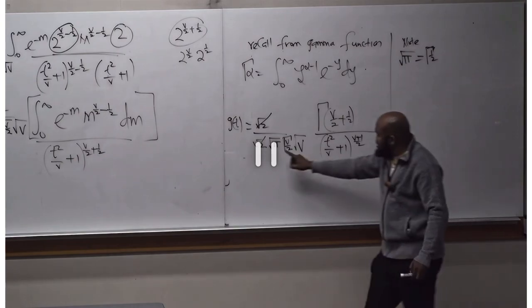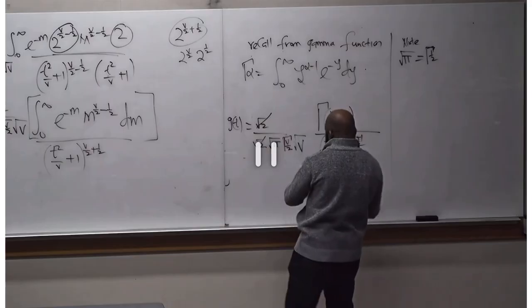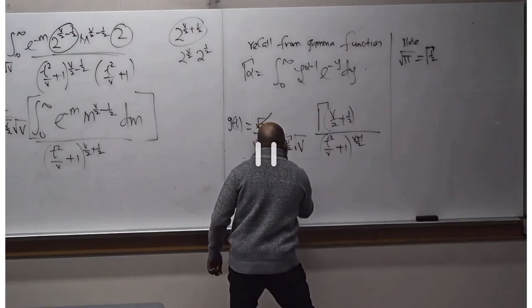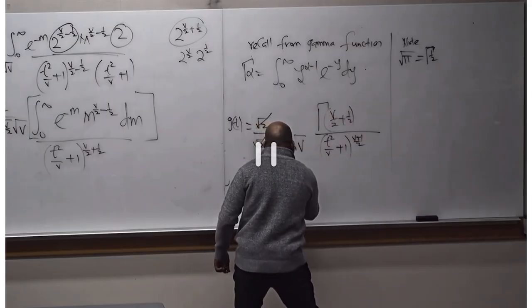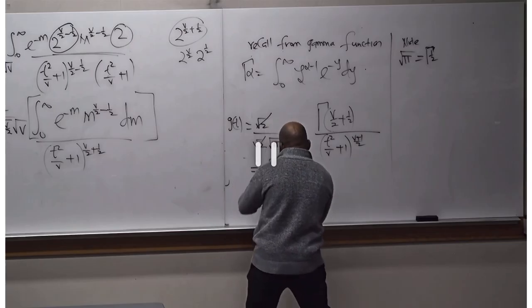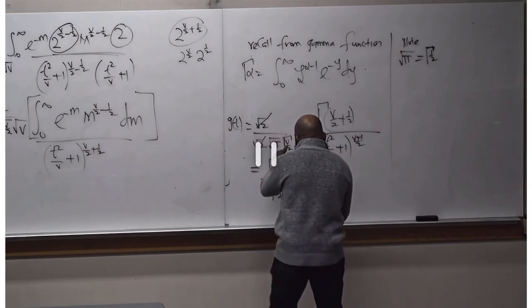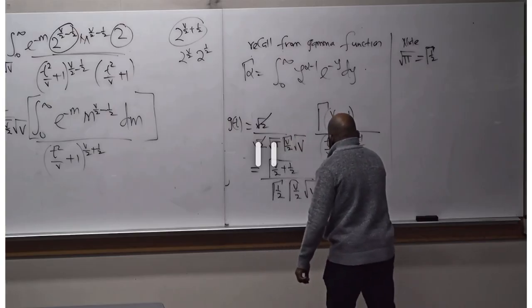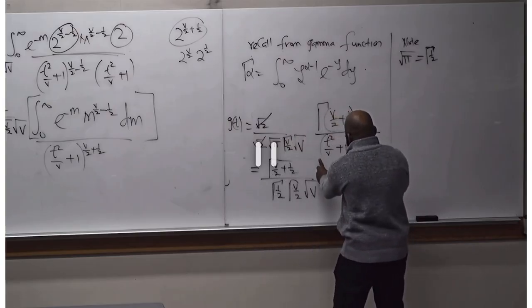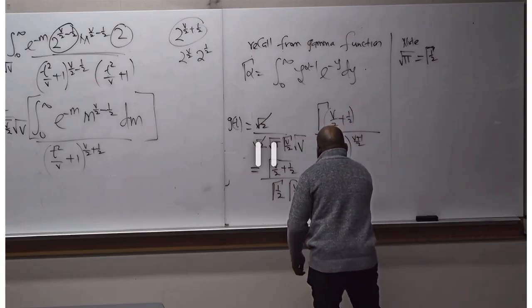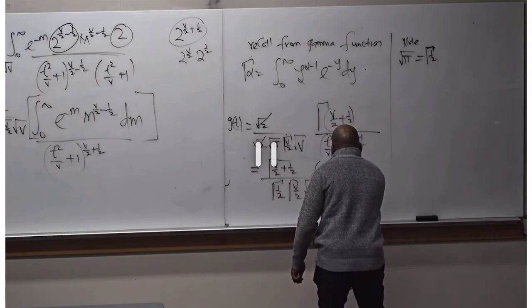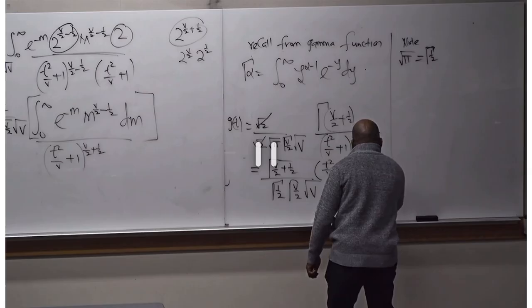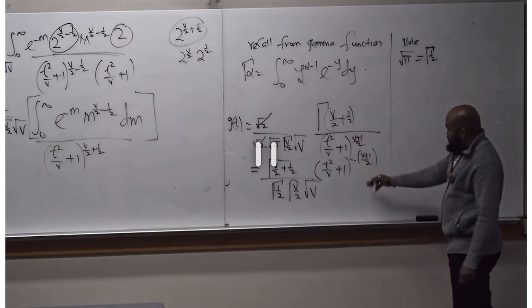If root pi is gamma half, if I want to rewrite this, I'm actually going to write gamma v over 2 plus 1 over 2 divided by gamma half, gamma v over 2, square root of v. And this guy can also go up and become t squared over v plus that raised to power this. Look at what I'm having now.